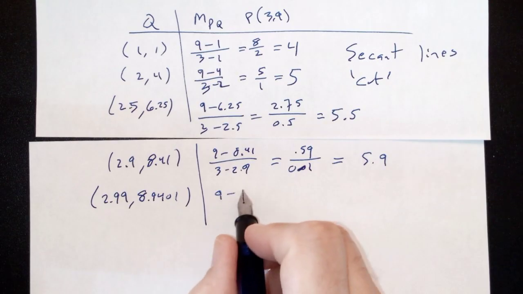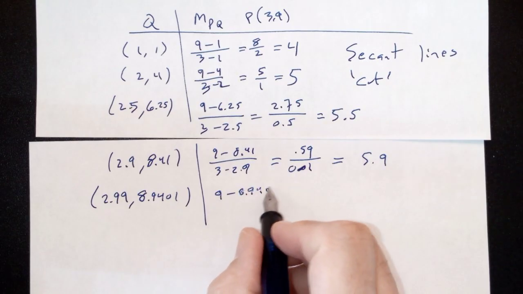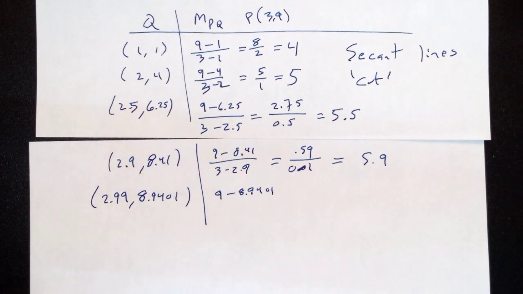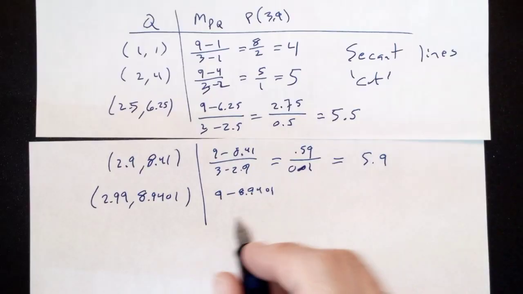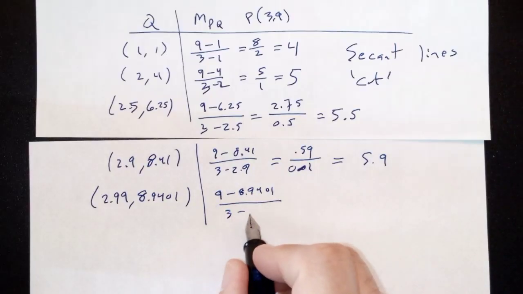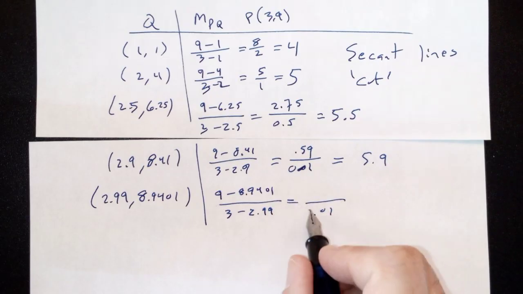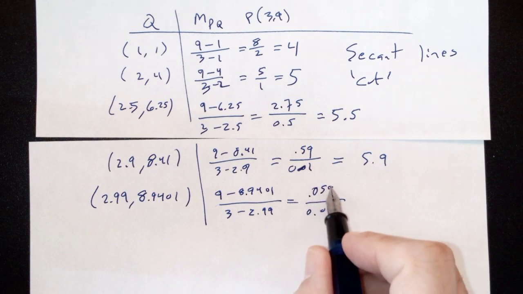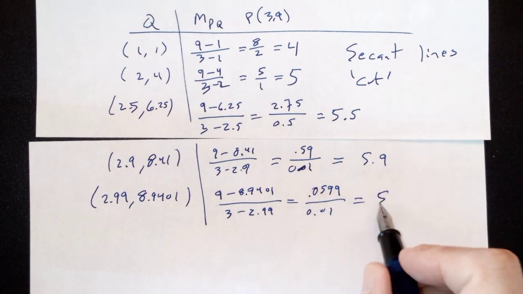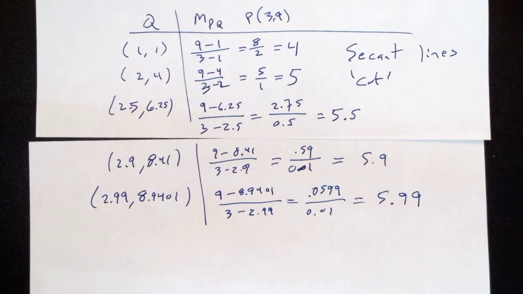When I repeat this, I get a slope of 5.99.